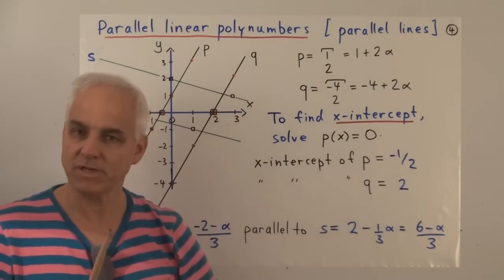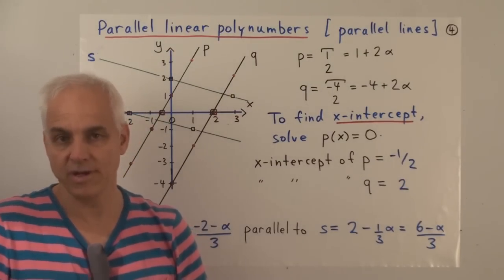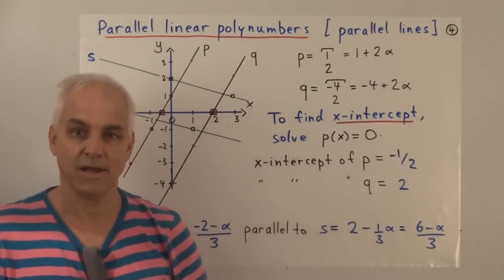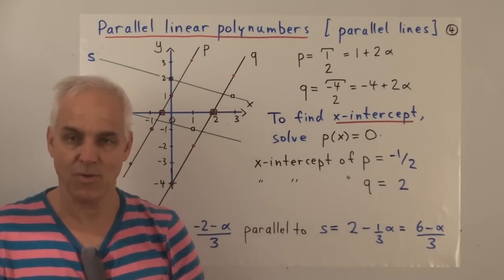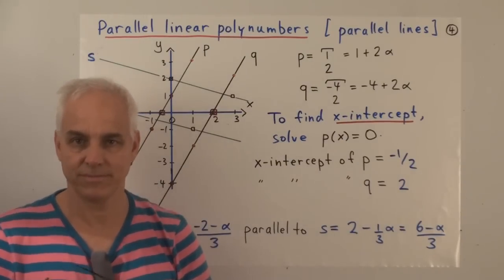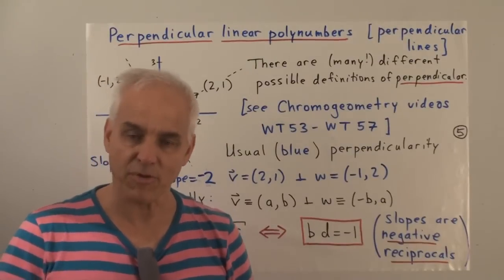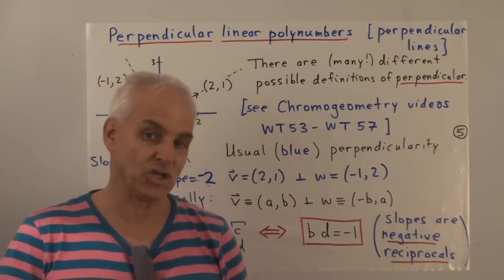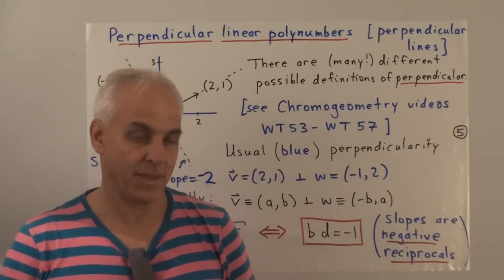Now let's think about perpendicular lines, which of course is the other standard idea comparing lines. What does perpendicularity look like in terms of the algebra? There are, in fact, quite a number of different possible definitions of perpendicularity.